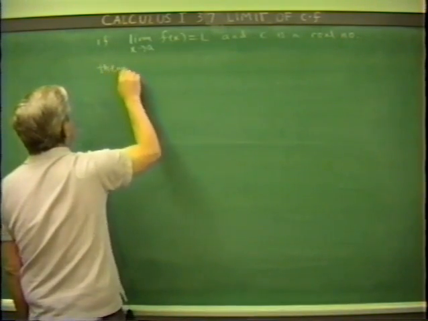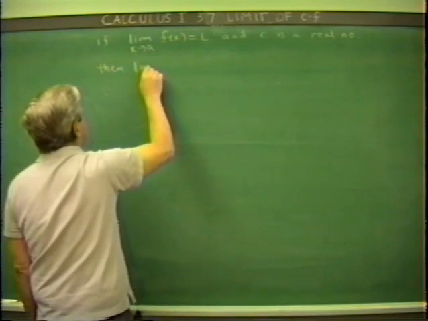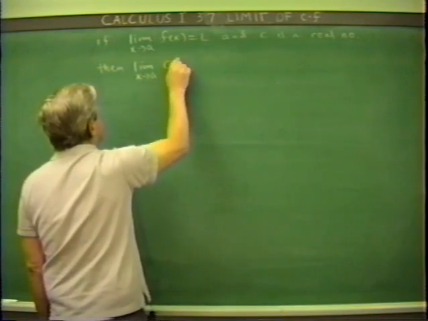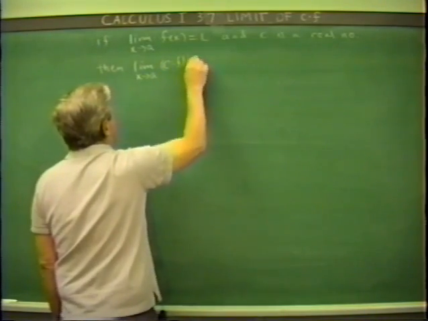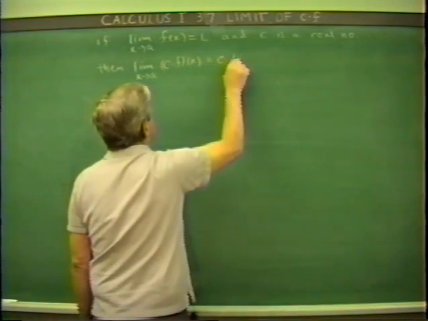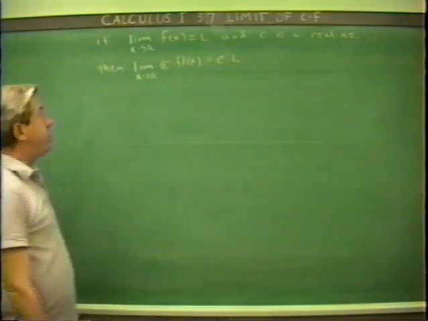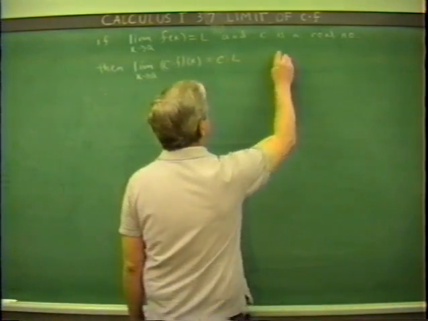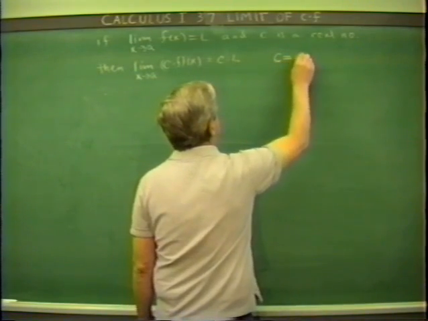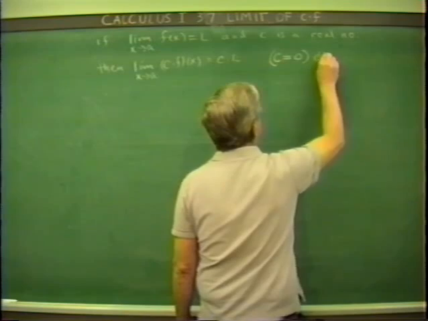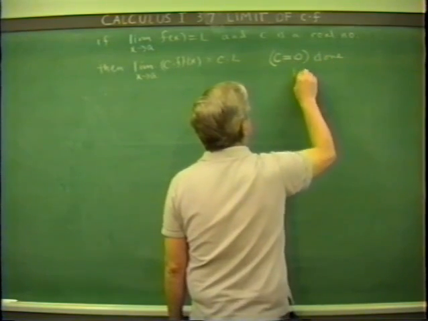Similarly, polynomials are continuous. For rational functions, the limit as x approaches a of P over Q of x, where P and Q are polynomials, is going to be P of a over Q of a, provided Q of a is not zero.